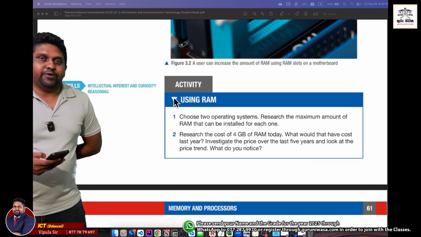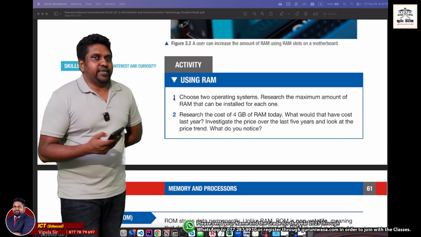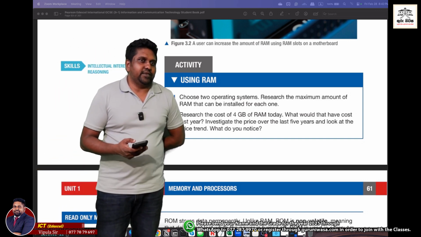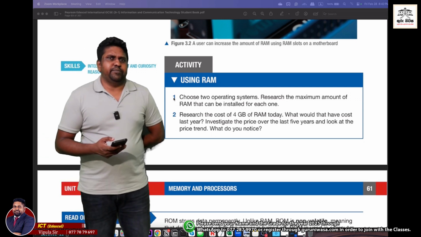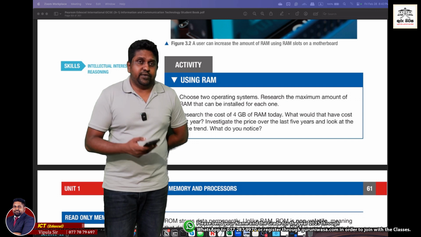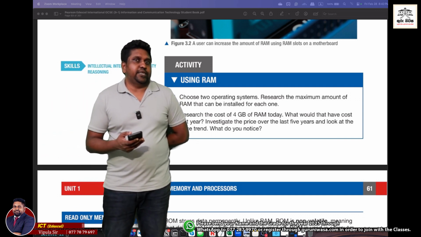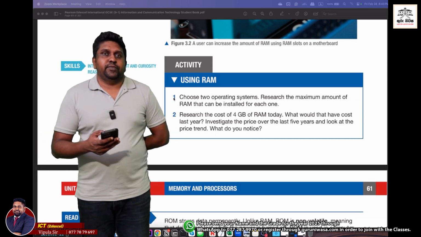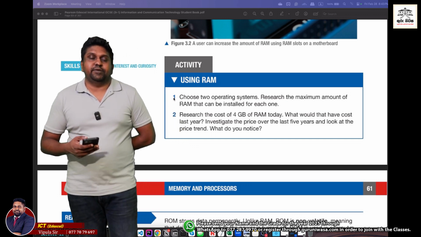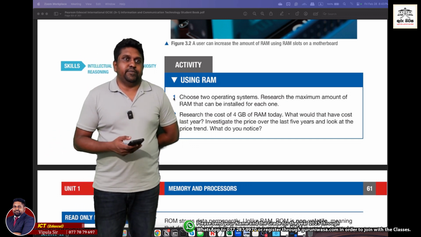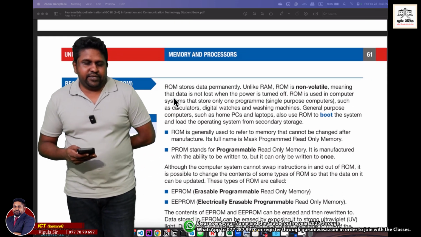Now when it comes to the cost aspect of things, RAM is actually a bit cheaper than buying hard disk storage, but then again, it depends on the type of the RAM. So that's about RAM.